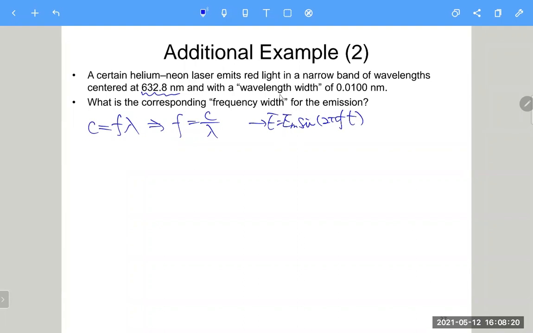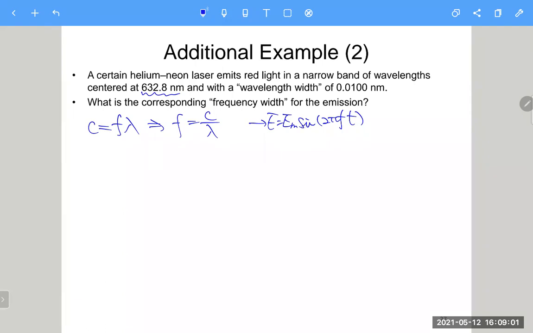And here it mentioned a concept called the wavelength width. So it already tells you that the wavelength is 632.8. So what does the wavelength width mean? Actually, in the practical world, we don't have a perfect sinusoidal. When you have a clock or oscillator, when you try to oscillate a single frequency, it will at least consist of some other frequency.